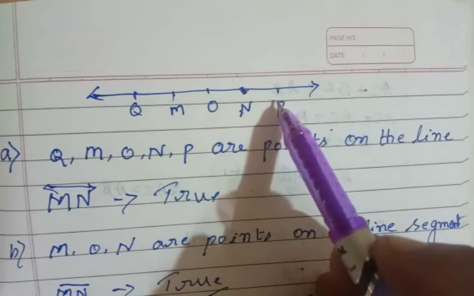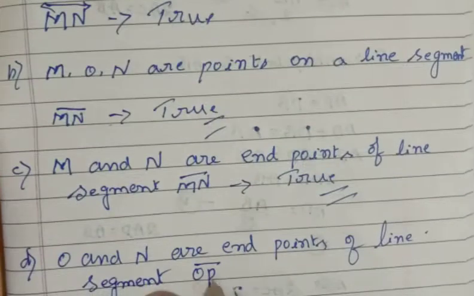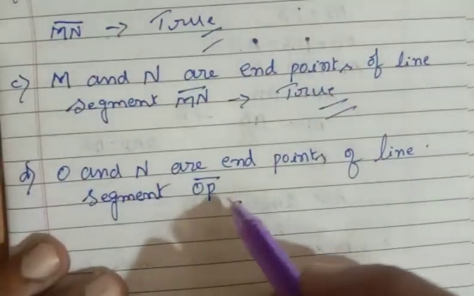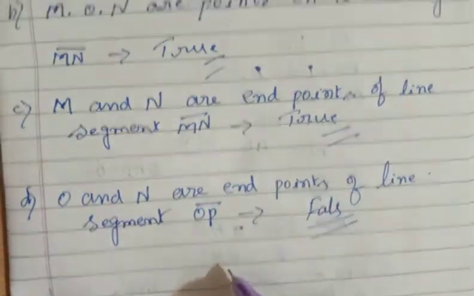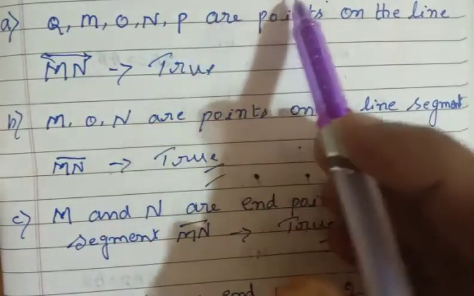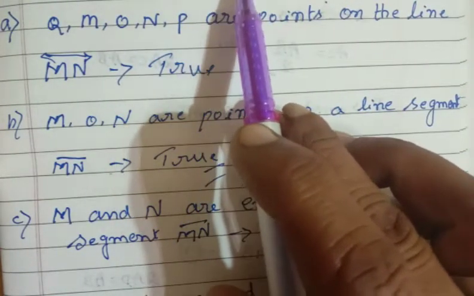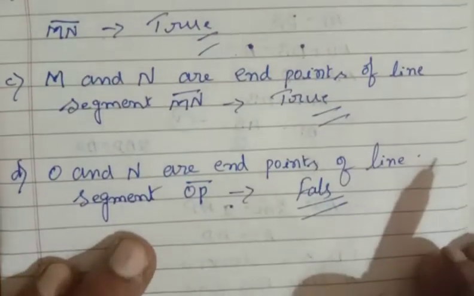So it is not true. The statement is false, because O and N are not the endpoints of a line segment OP. O and P are the endpoints of the line segment.